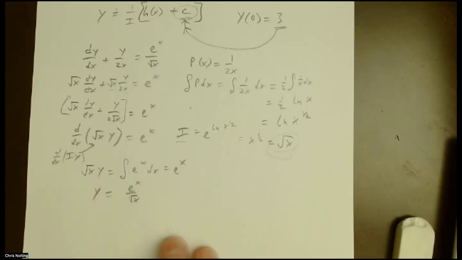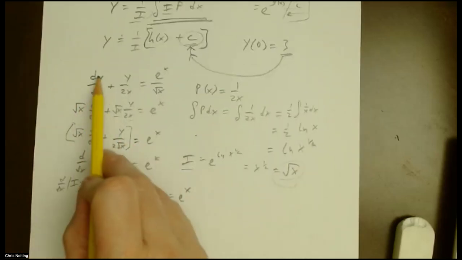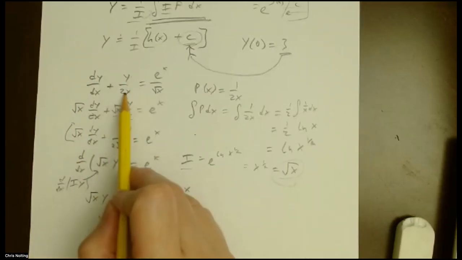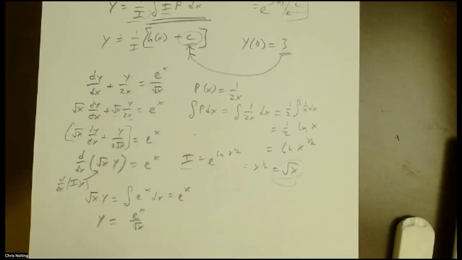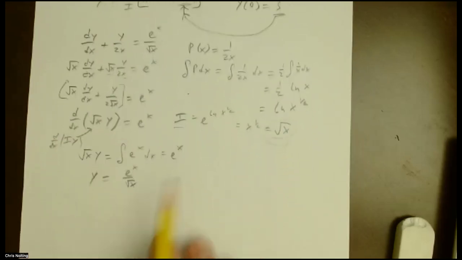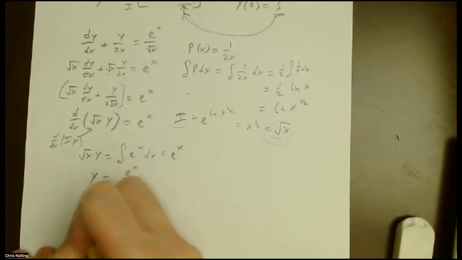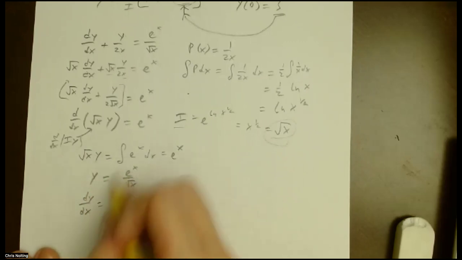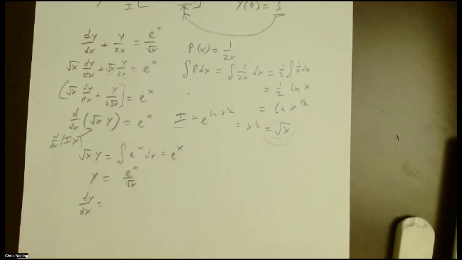Okay, that wasn't so bad, but what we can do now is just double check. Does this solution that we've come to solve our differential equation? It should be dy/dx plus y over 2x equals e to the x over root x.